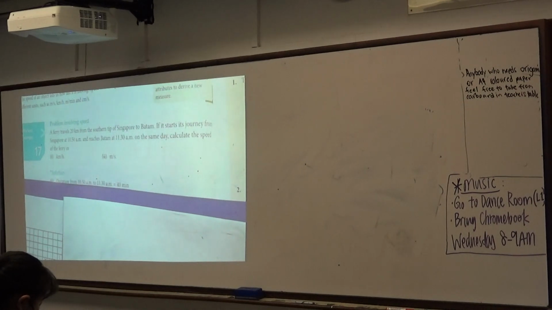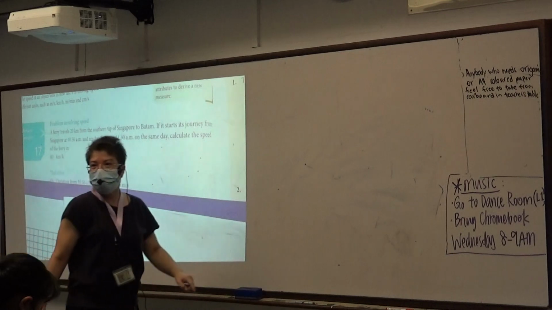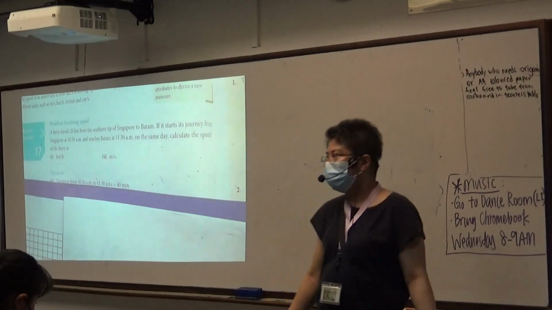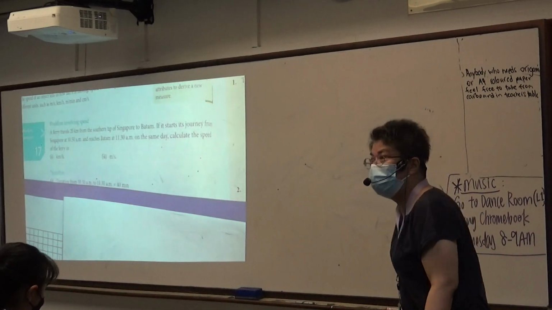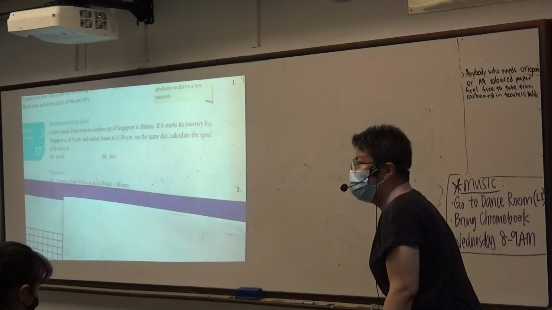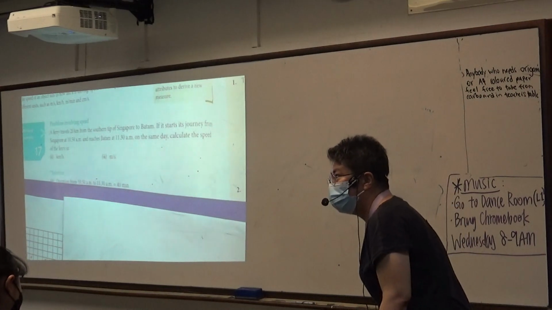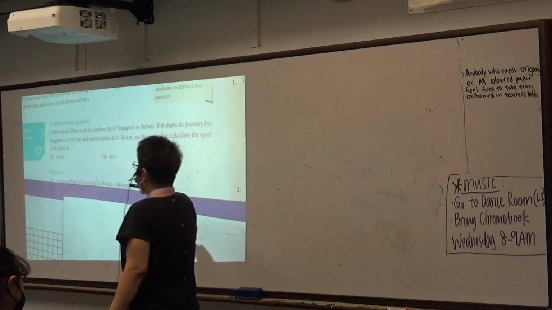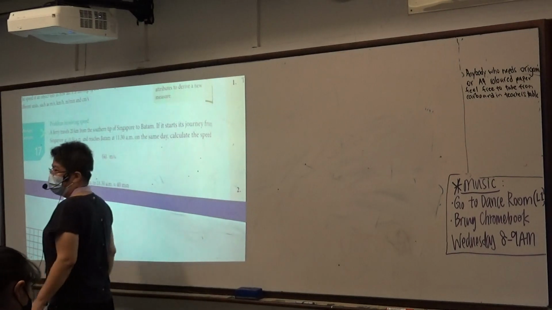If it starts its journey from Singapore at 10:50 and reaches Batam at 11:30 on the same day, calculate the speed of the ferry. Okay, I want to know 10:50 to 11:30. How many minutes? 40 minutes, right? Do you agree it's 40 minutes? Yes or no? Yes, okay? Calculate the speed in kilometers per hour.